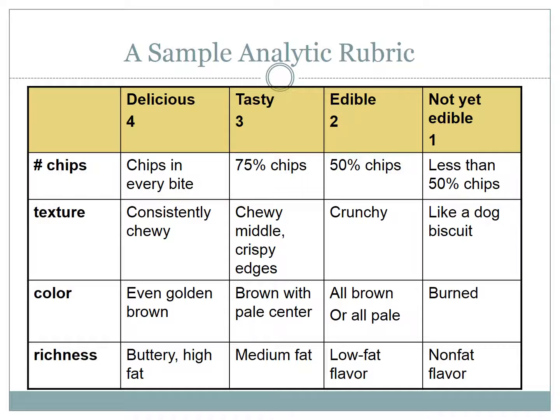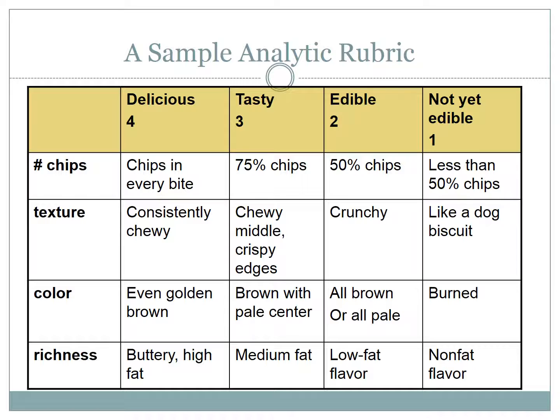So you would score, let's say I had one that only had 50%, I would give that a 2 for chips. And then I could score texture and color and richness, and in the end I could add all the points up and get an overall score. Let's say I got a 2 for chips, and a 3 for texture, and a 3 for color, and a 2 for richness. Like that would be 2 plus 3 is 5, plus 3 is 8, and 2 is 10.